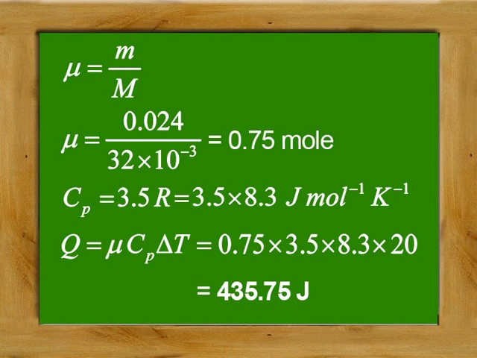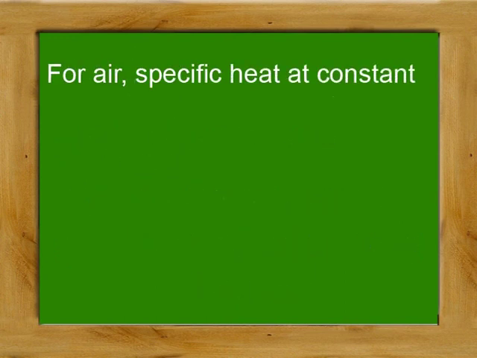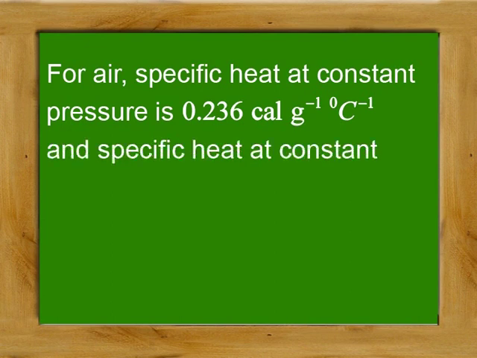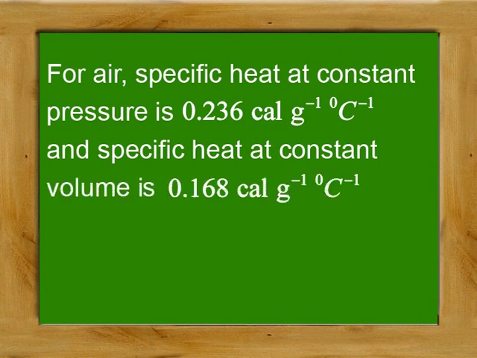Then look at another problem on specific heat. For air, specific heat at constant pressure is 0.236 calorie per gram per degree Celsius, and specific heat at constant volume is 0.168 calorie per gram per degree Celsius.